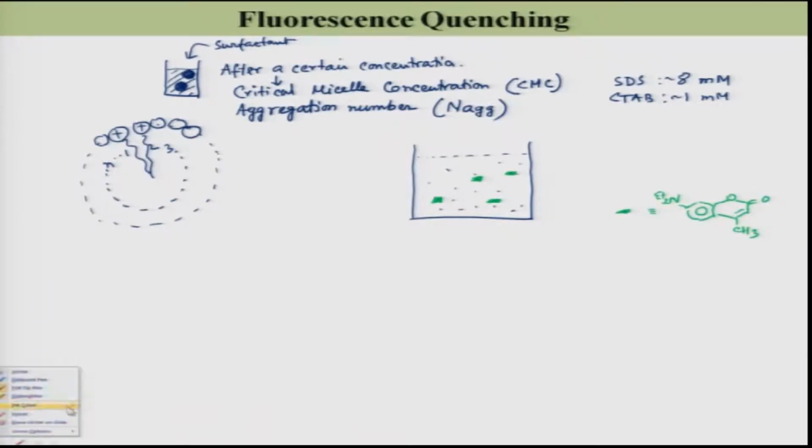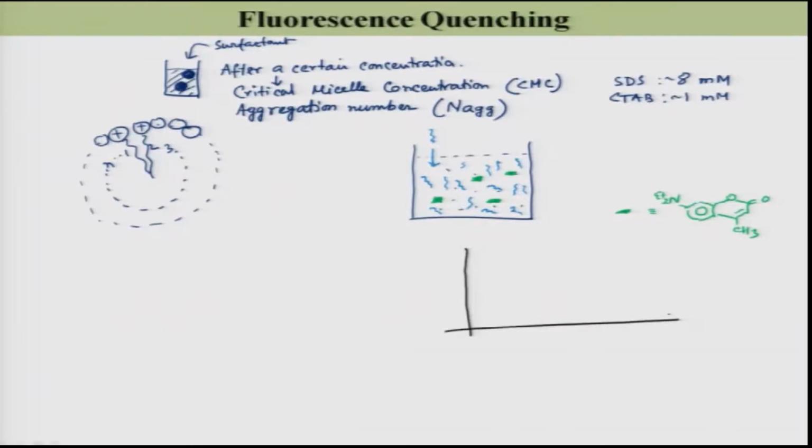Now you keep on adding the surfactant molecules. As the surfactant concentration keeps increasing, there is not much change in the local environment of this fluorophore. In this case, if I now plot the fluorescence spectra of this molecule, how will you get it?